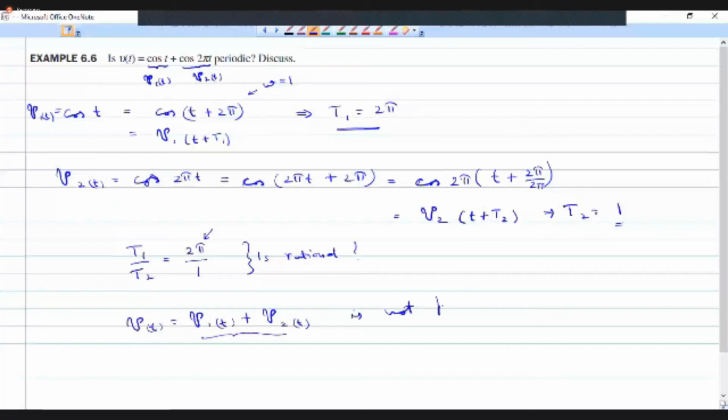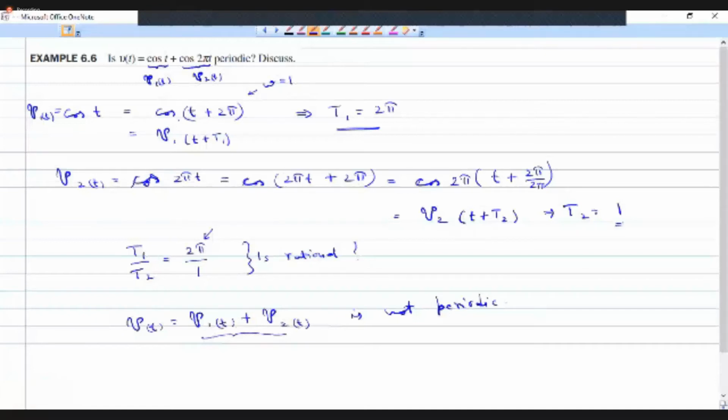So if you are having two periodic functions, when we add them up, it need not be that the sum of these two functions is periodic. It can be non-periodic also, depending on the ratio of the time periods of the functions that we are going to add up here. So this is an example in which we are having two functions.